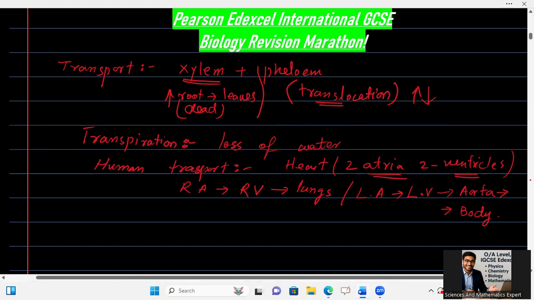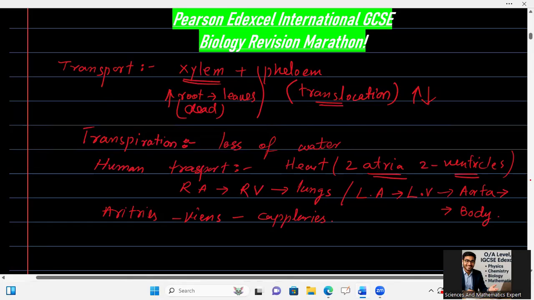There are valves present which prevent the backflow of blood. There are three main types of blood vessels: arteries, veins, and capillaries.